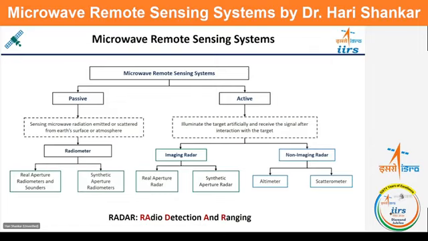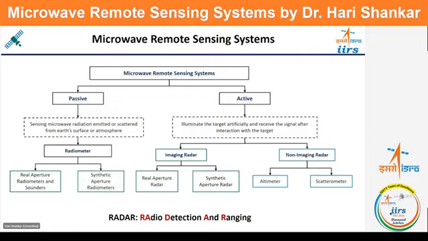Suppose we are sending some signals, the signal is moving towards the target, and when it reaches the target, it interacts and then comes back to the sensor. So it can tell you how much distance there is between the sensor and the target. So they are able to monitor the distance. That is basically called the ranging.